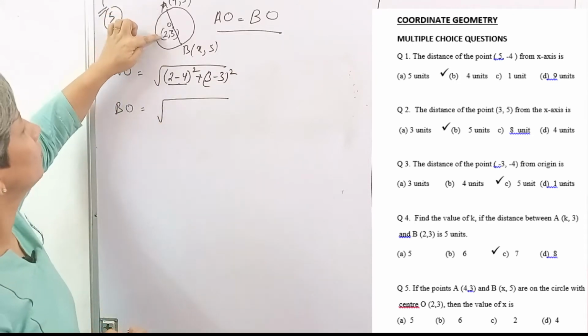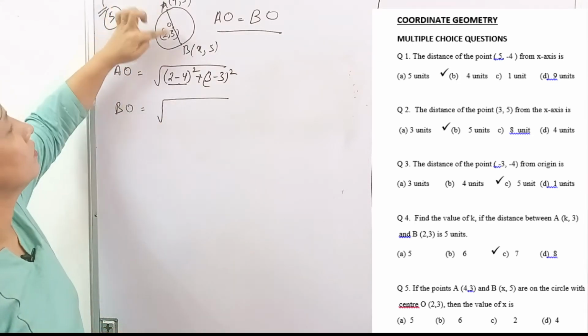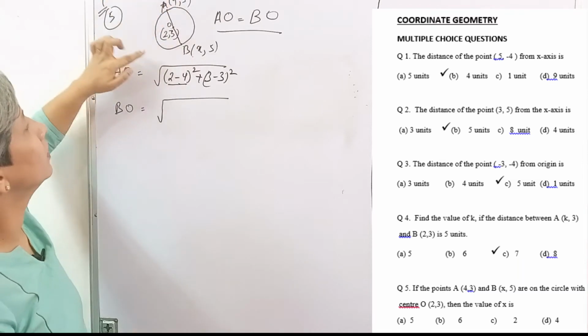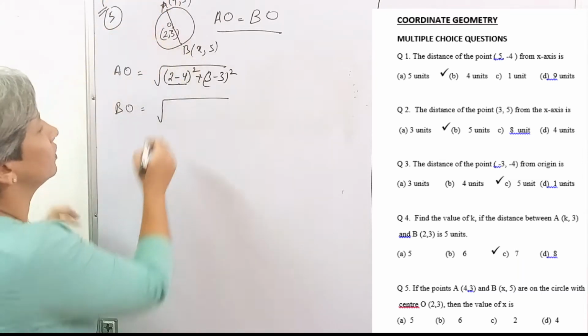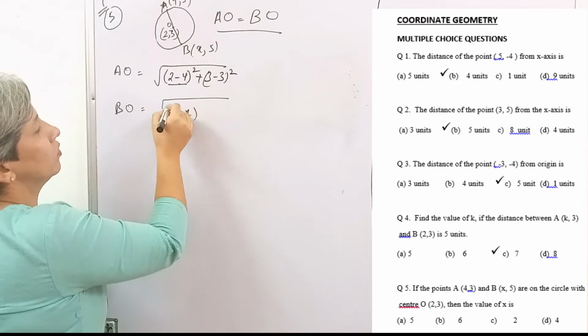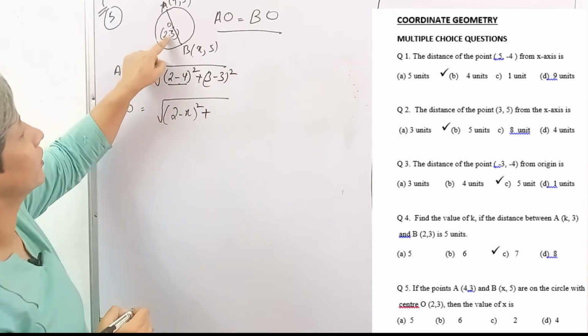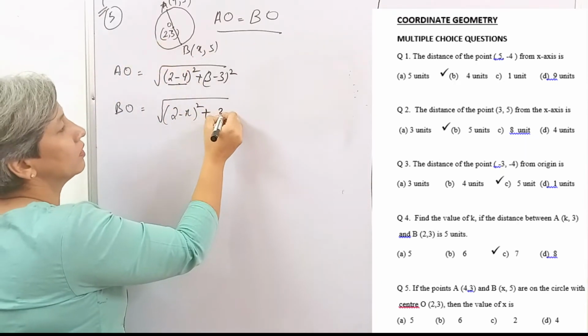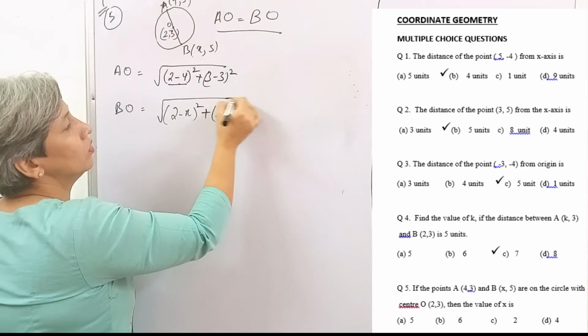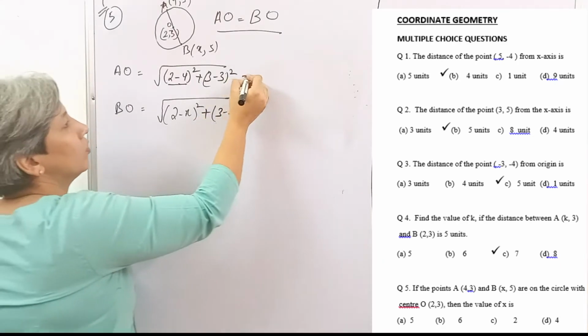Same way for BO, x2 minus x1, (2 minus x) whole square plus y2 minus y1, (3 minus 5) whole square. Right? Now let's find out.